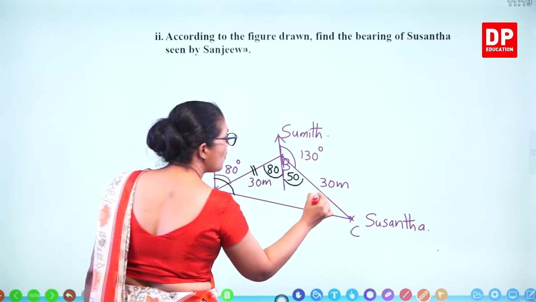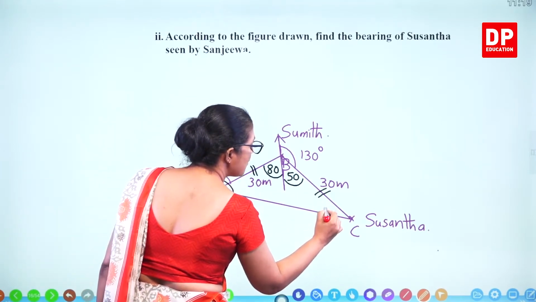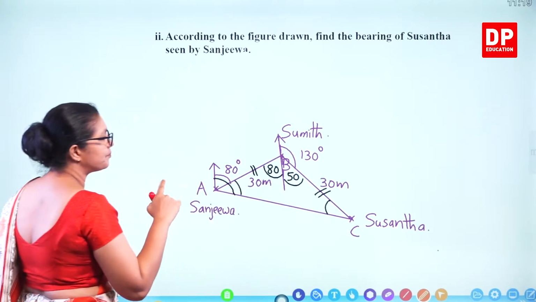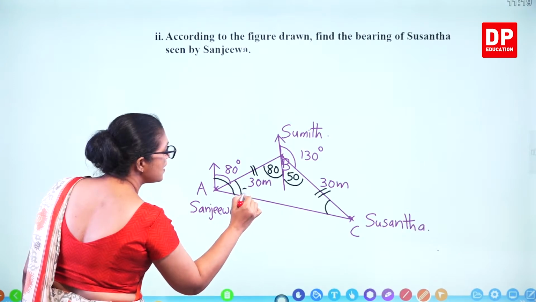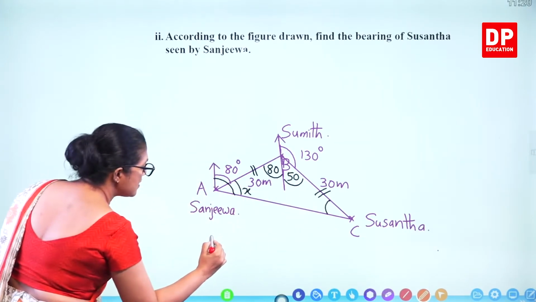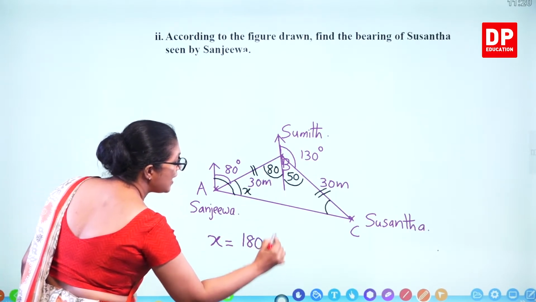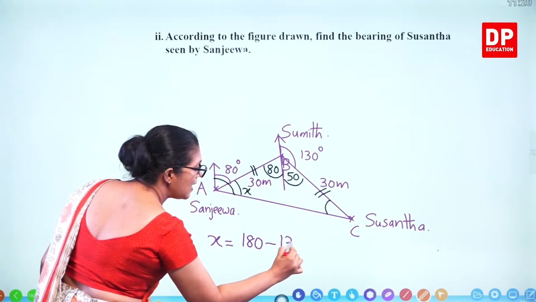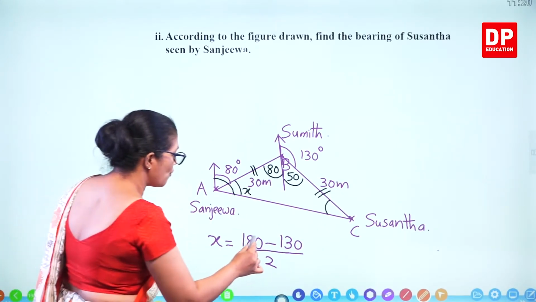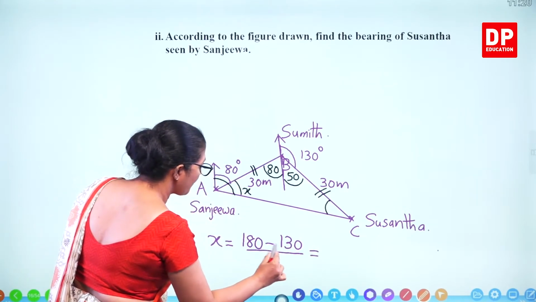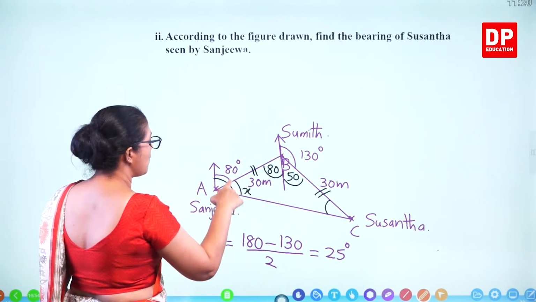These two lengths are equal. That means these two angles are equal. We can find out this angle. So what is this angle? This angle, we'll put x or something. X is equal to 180 minus 130 divide by 2, because these two angles are the same. So 50 divided by 2, 25 degrees. So this is 25, this is 80.